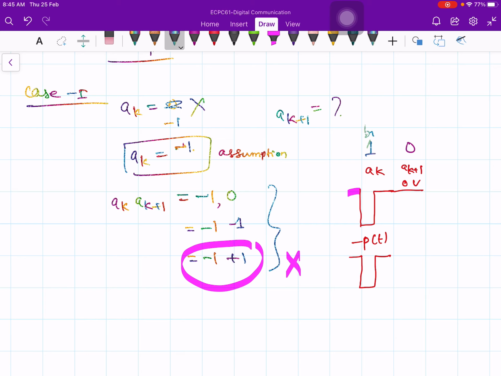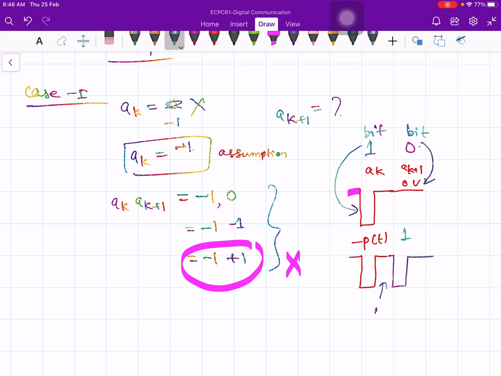So bit 0, bit 1 and bit 0. And this bit 1 is indicated by minus p of t, let us assume. And the next bit is 0. 0 is indicated by 0 volt, no pulse. In case the next bit is 1, then what is going to happen? You don't change the pulse you transmit.